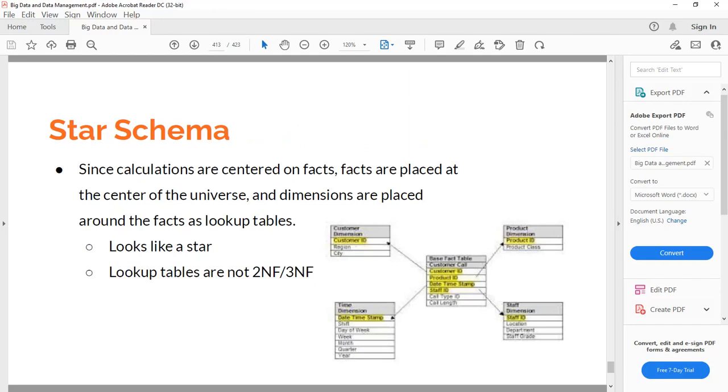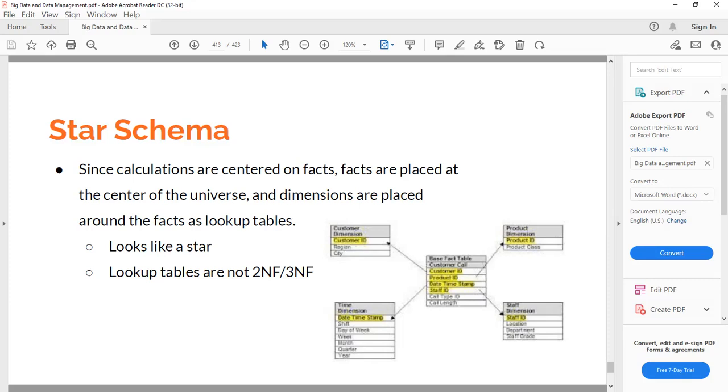We have a customer, product, and date. We want to put this fact in the middle so that you can see clearly that all dimensions develop across the fact. And this fact table will inevitably not only have fact, but also all the dimension IDs.